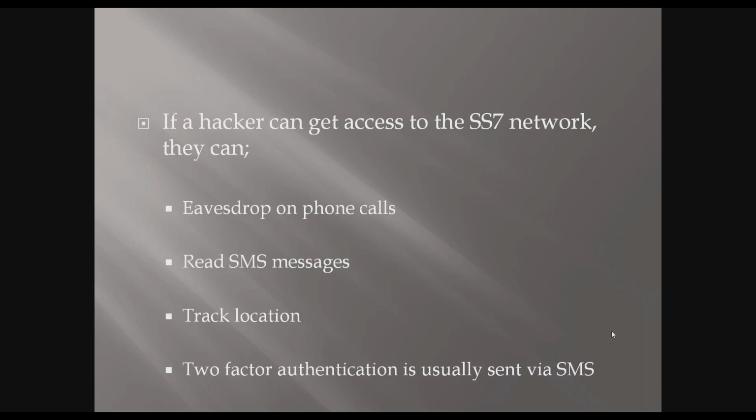SS7 is the weak point in the whole two-factor authentication scheme, okay, when people are using text messages. I have several banking accounts, and they all send me text messages.